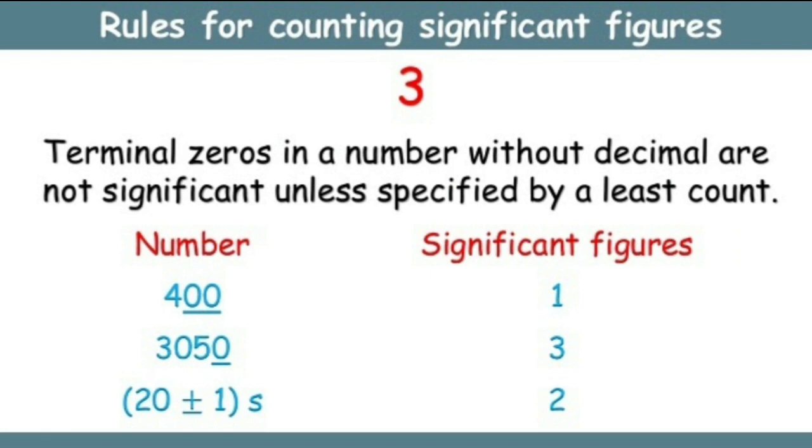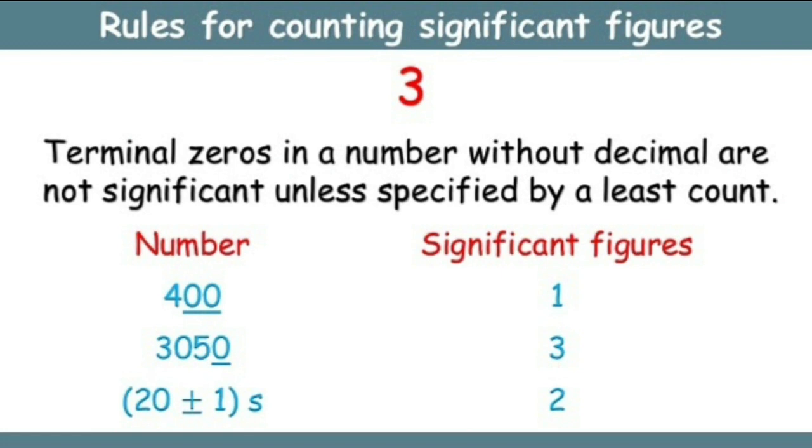Now the third one: terminal zeros in a number without a decimal are not significant unless specified by a unit. What do you mean by terminal zeros? That means after the non-zero digits you have 0, and in that measurement you don't have a decimal point. So 400, 1600, etc. In such measurements, the trailing zeros are non-significant.